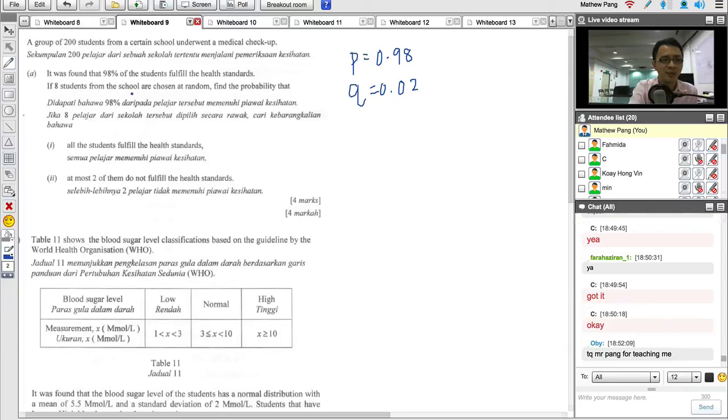If 8 students from the school are chosen at random, okay, I think they're going to use the 200 later maybe. Let me just continue. n equals 8, and then it says all students fulfill the health standard.